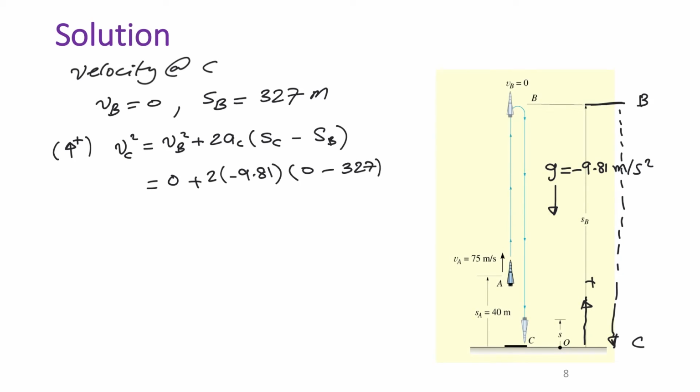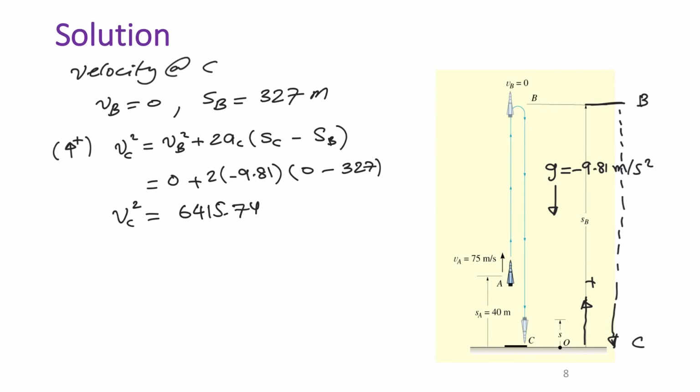If you do this multiplication, you have a negative here and a negative here, so what you are going to get is a positive number, 6,415.74, which is equal to VC square.